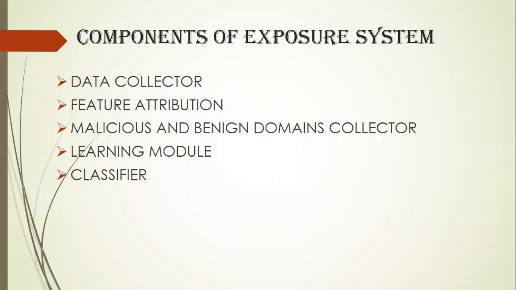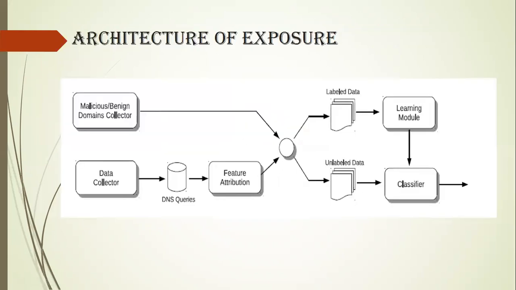The data collector is the first component of our EXPOSURE system. It records DNS traffic produced by the network that is being monitored. Many domains come up in the browser, so it collects the data, records the DNS traffic, and also monitors how many requests are coming in.